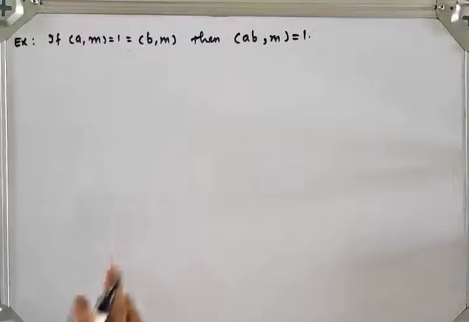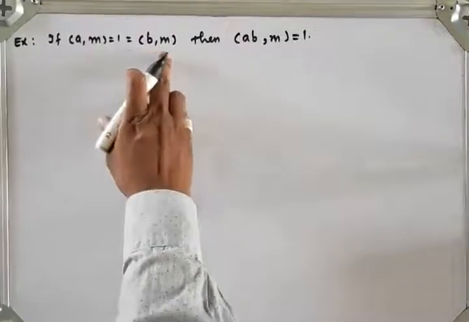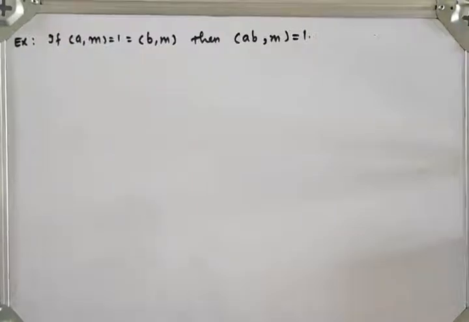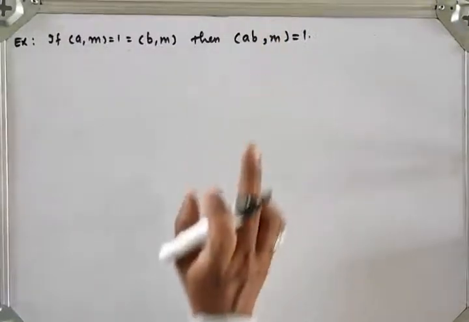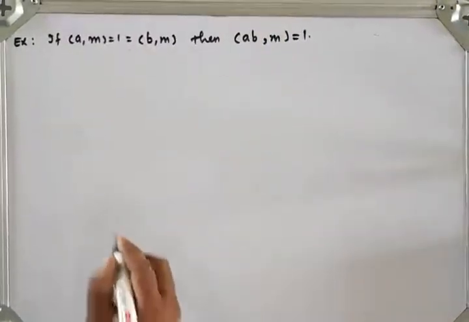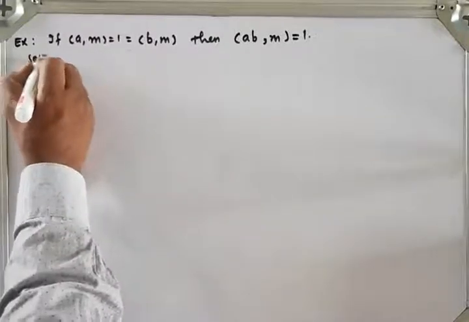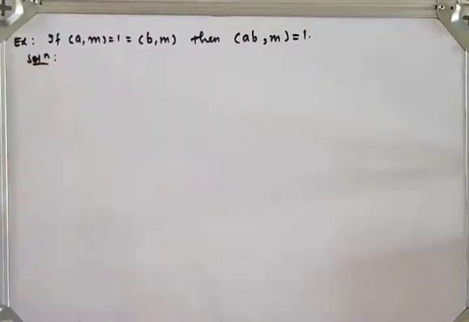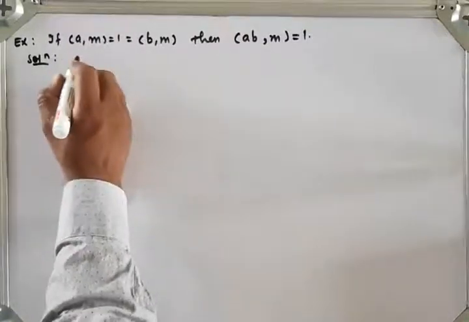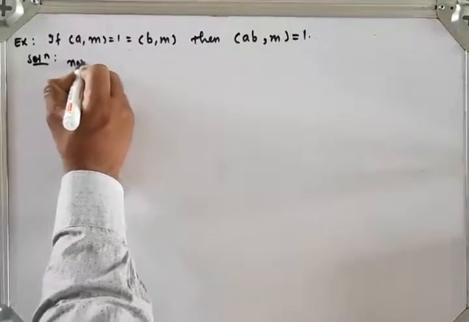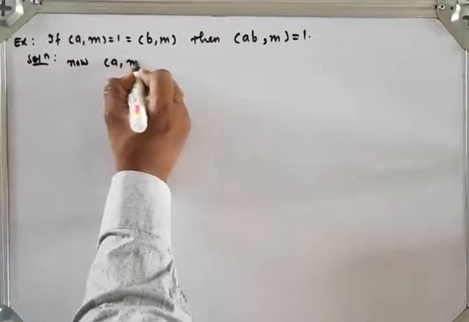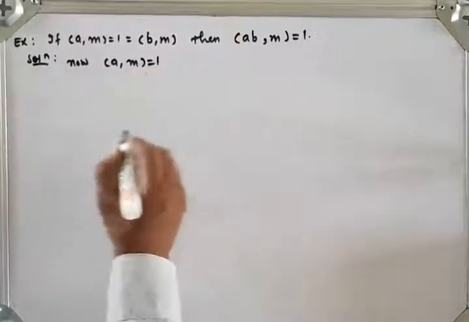So we will prove this: if a and m are relatively prime and b and m are relatively prime, then show that ab and m are relatively prime. So, solution. Here, what we have given is GCD of a and m is equal to 1.